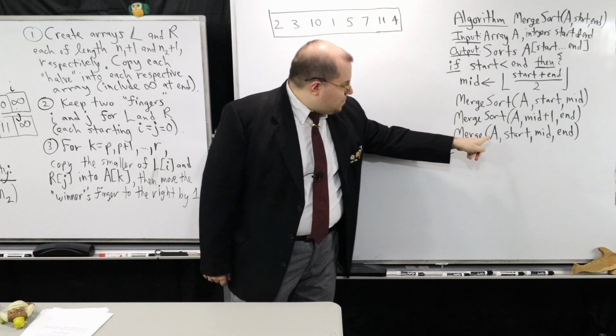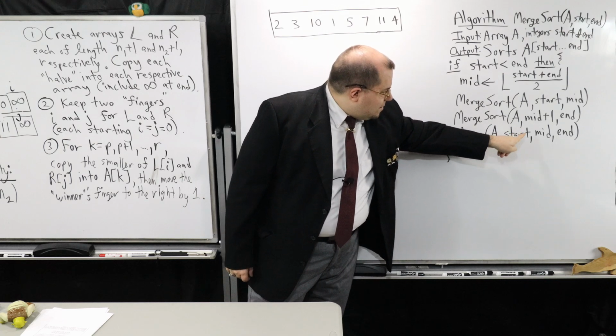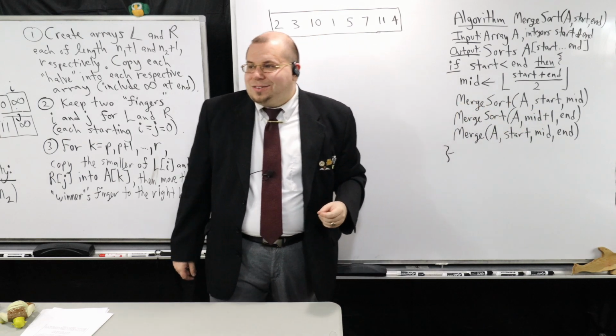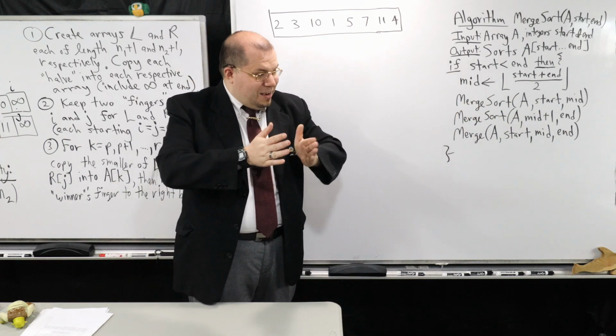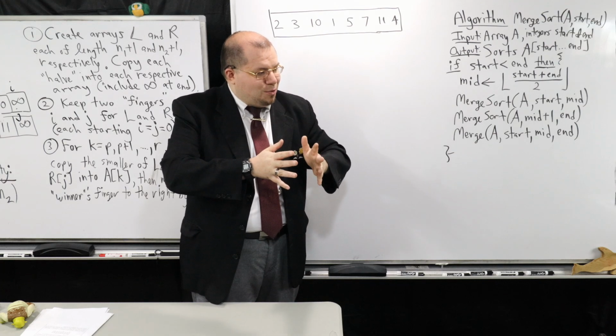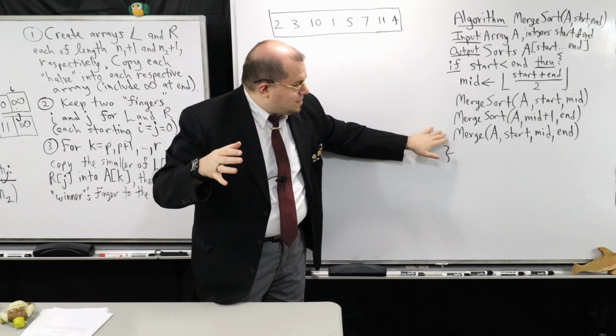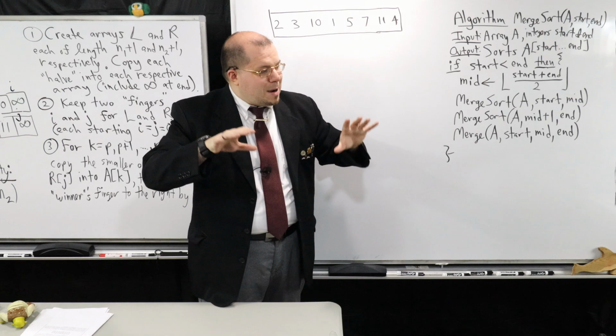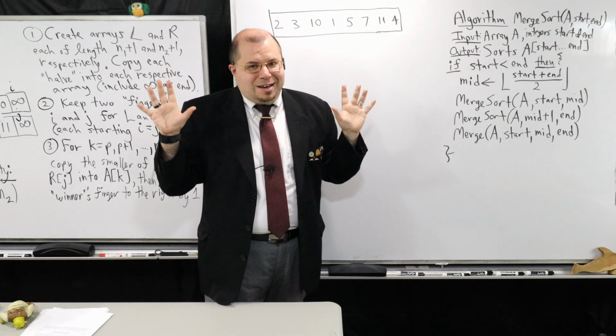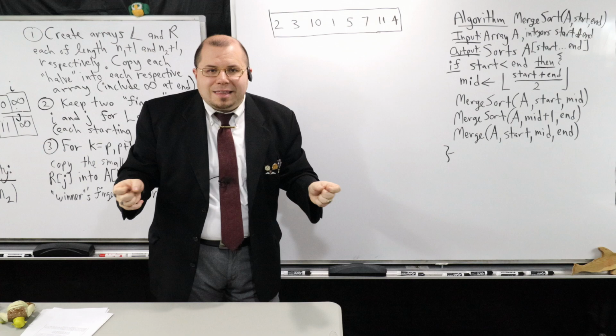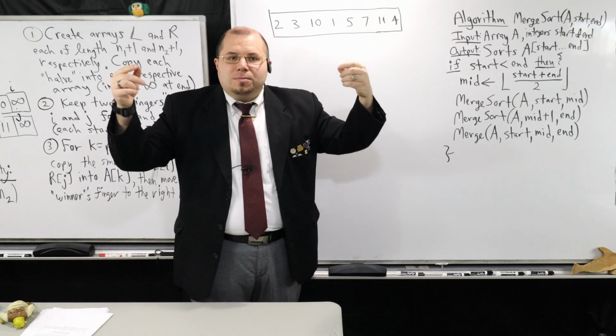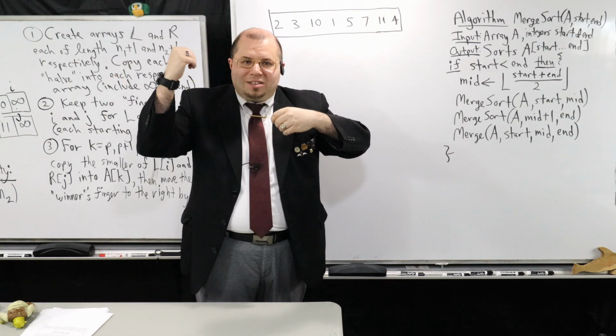It has the input array A, and start, mid, and end. So it quite literally is like cleaving it into 2 roughly equal parts. And this merge process combines the two. But remember, what we're actually doing is we're just taking the parts that are in that array and merging them through this merge process.